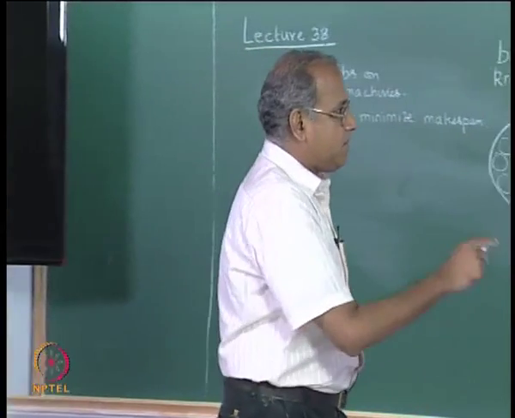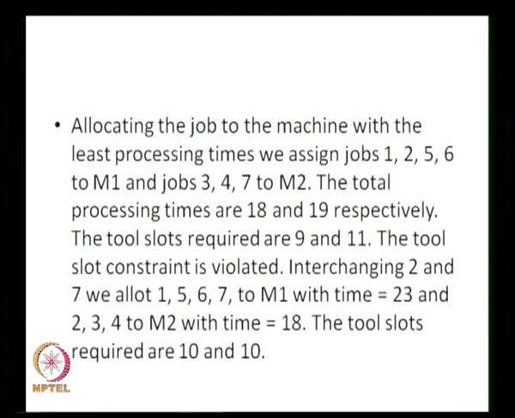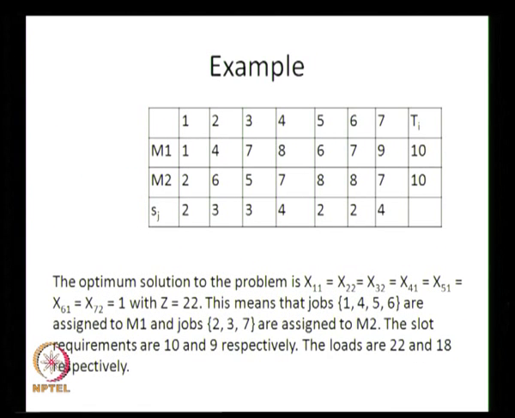So the problem will be like this. There are 7 jobs and 2 machines.